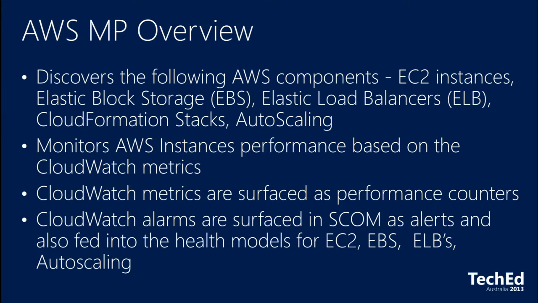They're all bubbled through into SCOM from a performance counter perspective, but it also brings in any alerts. So I don't know if you've seen when you get alerts to say that your instance, for example, is going to be restarted on a certain day and time because they're doing maintenance or whatever. That will actually bubble through into SCOM as a SCOM alert.